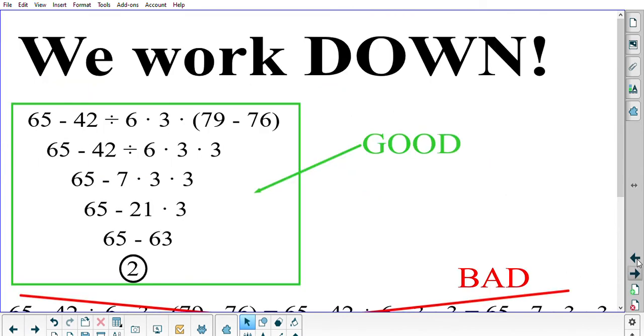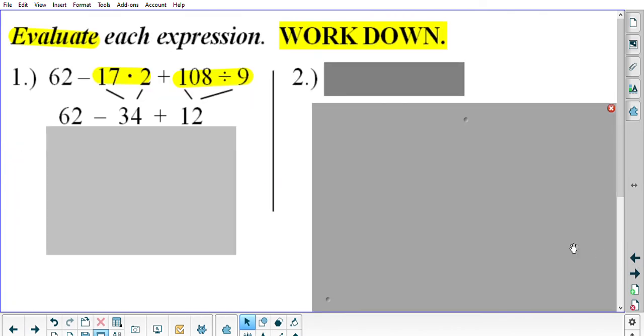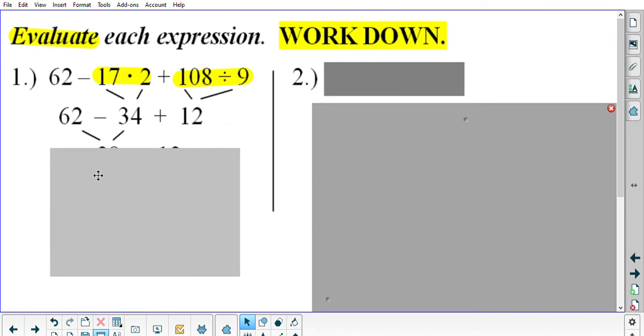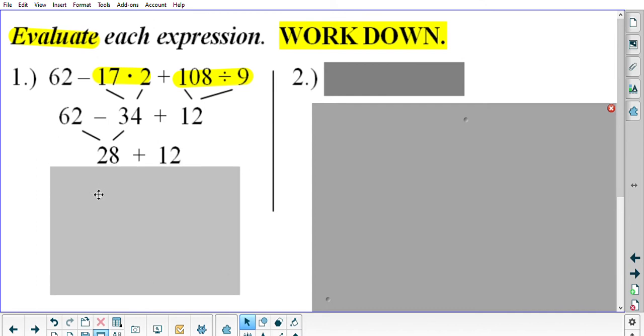And so on problem number 1, the subtraction piece, 62 minus 34, is first. That is further to the left, left to right with addition and subtraction. So you're going to do 62 minus 34 first before you add the 12. If you go in the wrong order with this, if you would add before you'd subtract, it would not work.